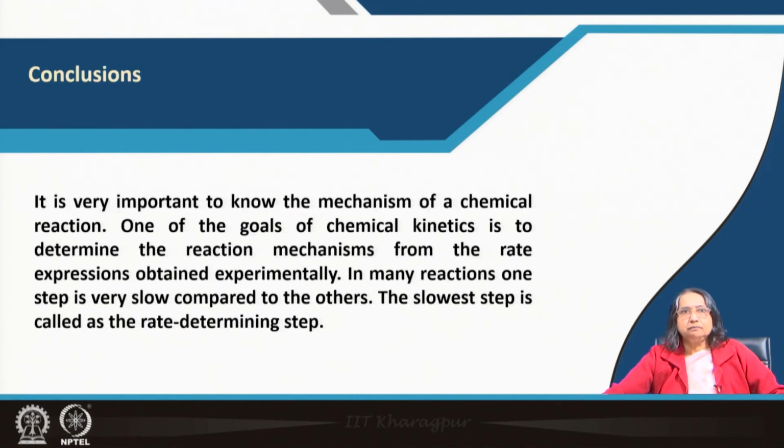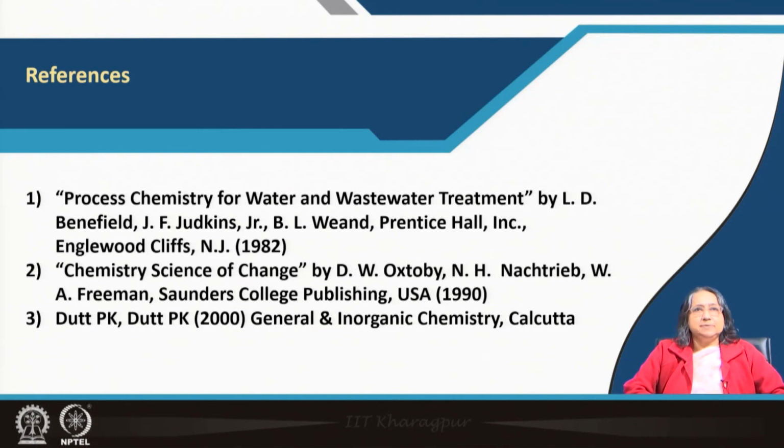Now, about these references, especially this book is very nicely explained. Many of the examples I have taken from this book. If you can get this book, you can read it, and it is also good for this mechanism purpose. Mainly this book is very interesting and important.